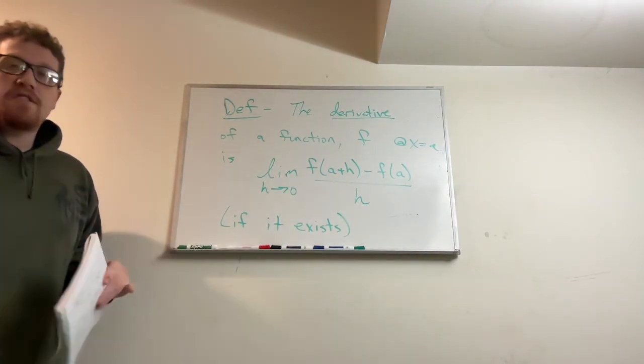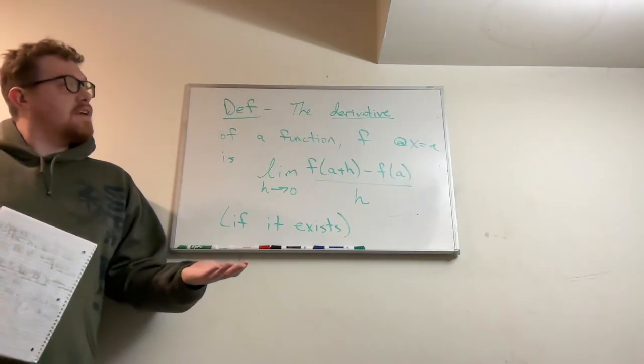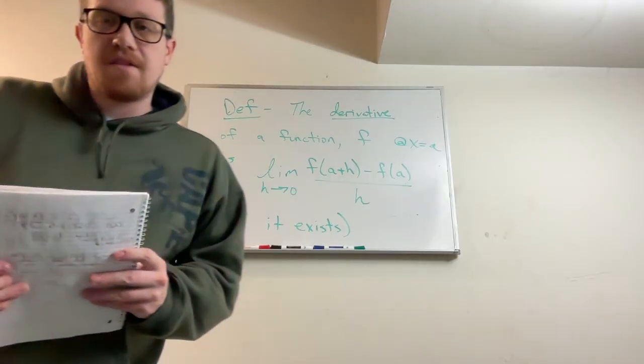Right, and we have to specify if it exists because this limit doesn't have to exist, right? And in which case, if the limit doesn't exist, then we would just say that the derivative does not exist.